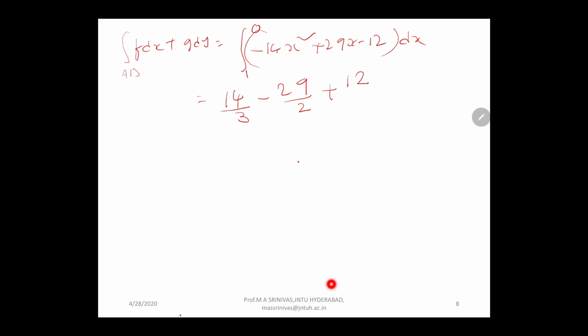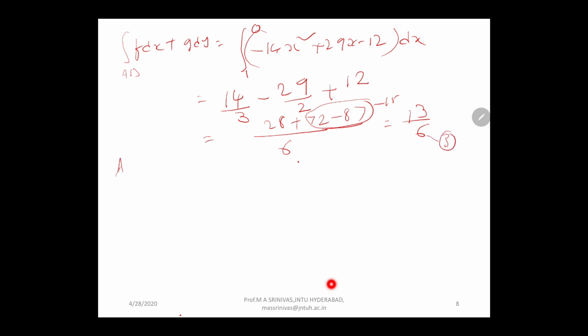If I simplify this, I'll get 6 as the LCM. So this is 28, 29 times 3 is 87, and 12 times 6 is 72, so 72 minus 87. 72 minus 87 is minus 15. 28 minus 15 is 13, so 13 by 6. So along AB it is 13 by 6, call it as 3.